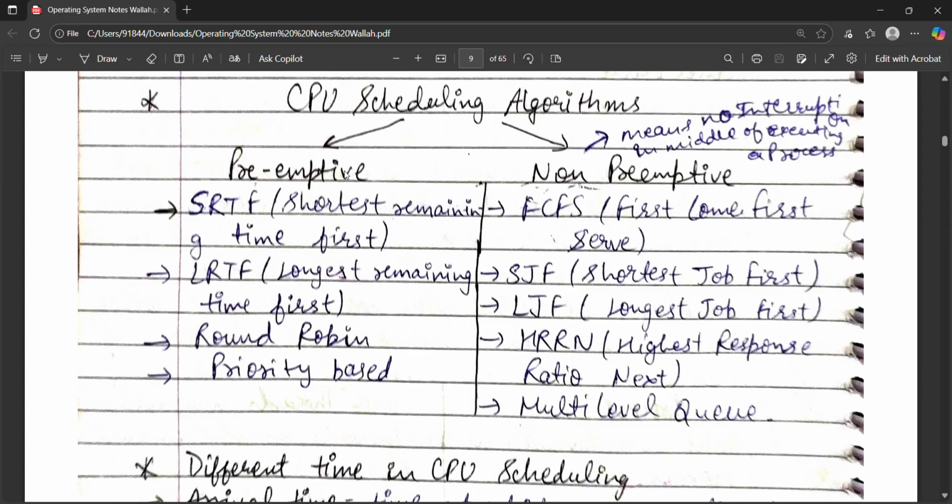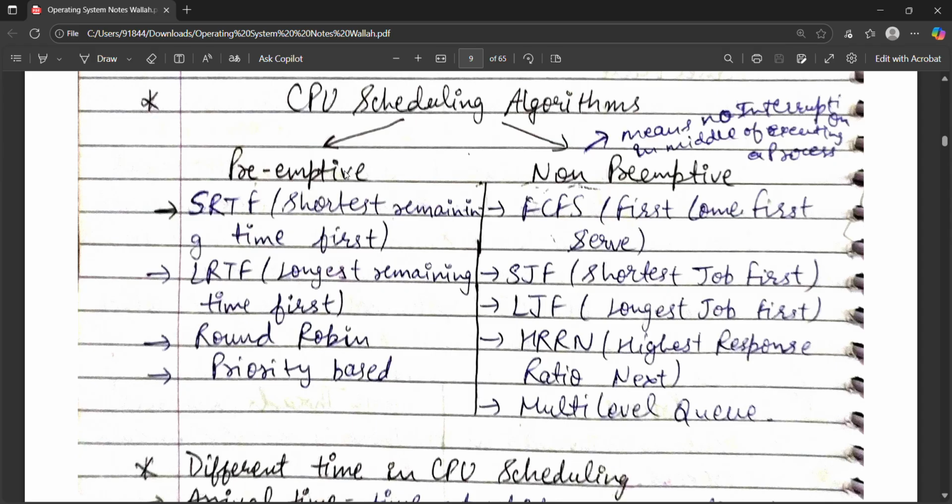For your clear understanding, for your exams and interviews, you can learn it this way: non-preemptive means we are not permitting, and preemptive means we are permitting.